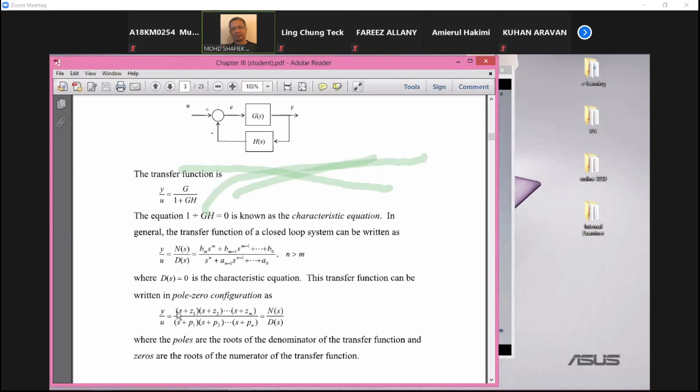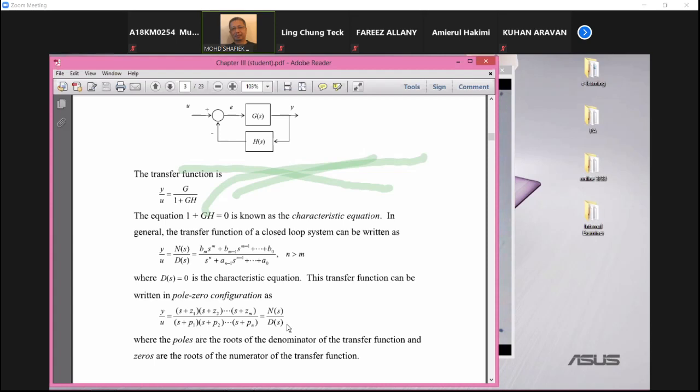For example, if you write the equation in zero-pole format, with a numerator of K times (s plus z1)(s plus z2) and so on, the numerator will not determine whether the system is stable or not. Only the denominator of the transfer function will determine that. If there exists one positive root, then you can safely say that the system is unstable.